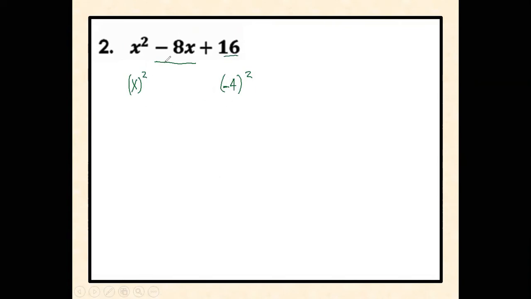So to check if the middle term is correct, we will just multiply 2 times x times negative 4. And this is equal to negative 8x. So therefore, if we're going to write the factors of this trinomial, we will square the binomial, which is comprised of the square root of your first term and the square root of your last term. That would be (x minus 4) squared.